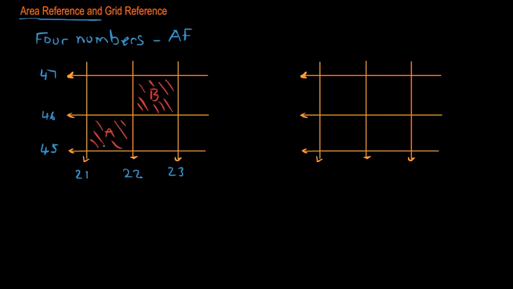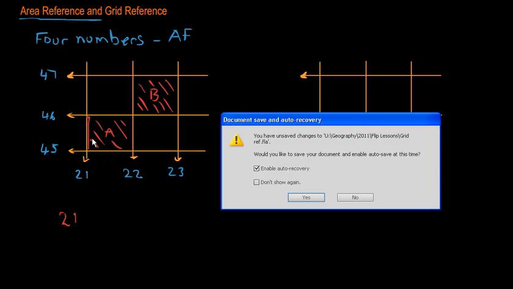If we're looking for the area reference of A, here's the square for A. The first thing we do is we look at the vertical lines, the line going down, on the left hand side of the square. So that's over here. You can see that if I draw that down here, that relates to 21. So the first number is 21.